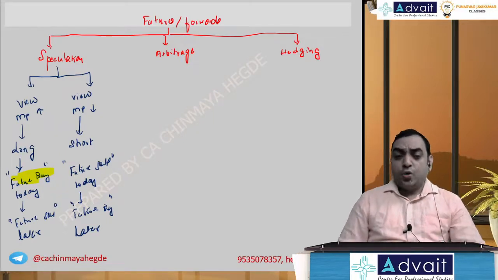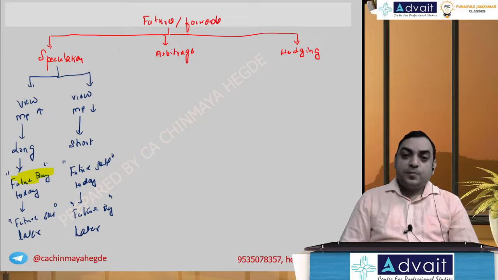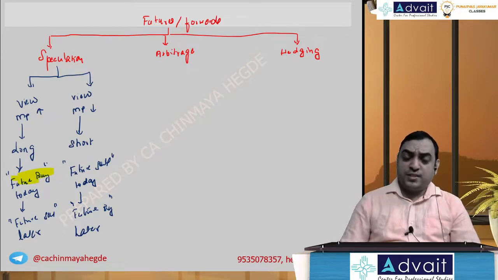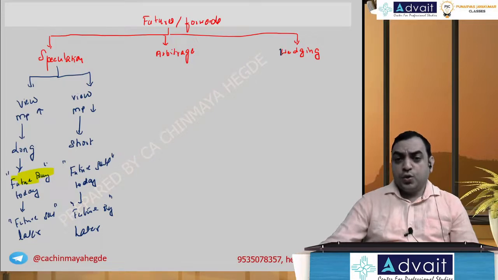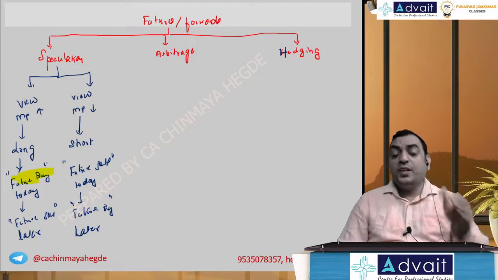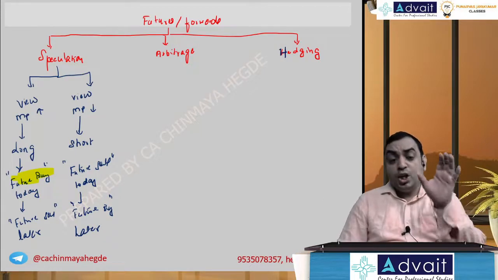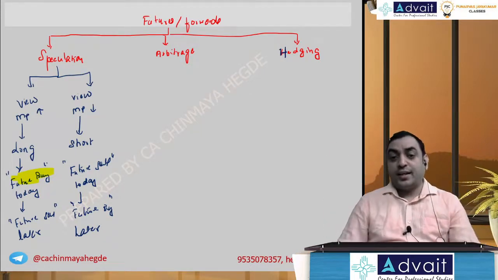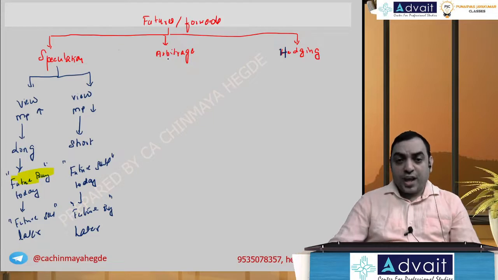Okay. Now coming to arbitrage. Again, we discussed the basics of arbitrage. Arbitrage means that price is not equal. Price between what? Price between spot market and future market. So in arbitrage, we have to compute something called fair value, or parity price.